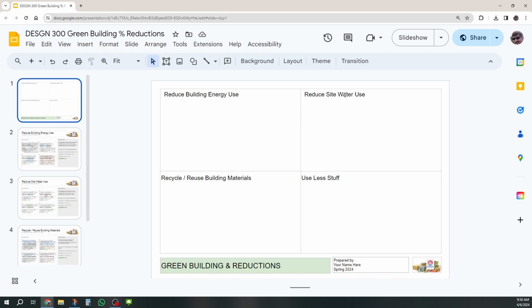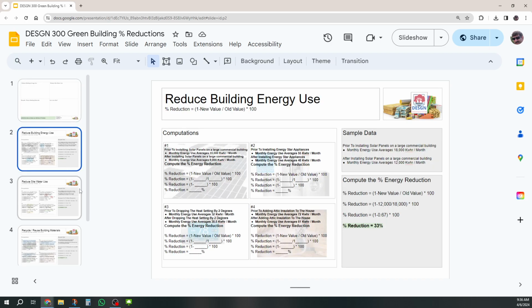Afterwards, I used 90 gallons a day. What is the percent reduction? So those types of things. And then building materials. And then there's just something called use less stuff. But that's often the things that go into a building or make your design smaller.